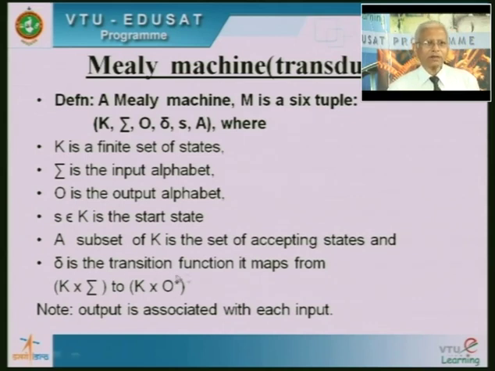Delta is the transition function, which maps K cross sigma to K cross output star. So, an output is associated with each input. Again we will take a simple example. This is not worked out in the book, I have taken it from some other book. So, you will have 2 examples for each of them.